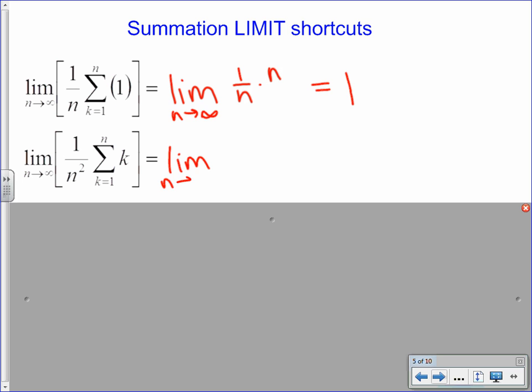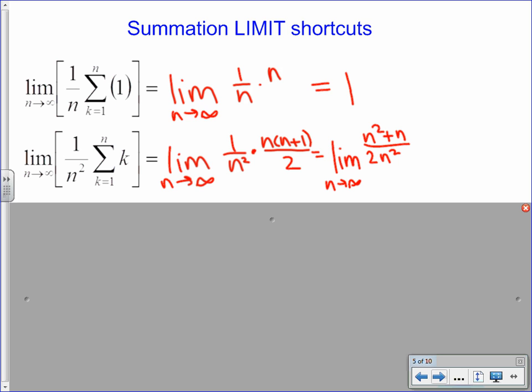The limit as n approaches infinity of 1 over n squared times the summation from 1 to n of k, which is n times n plus 1 over 2. Can we distribute and cancel out the n squares? Let's think about this. We have n squared plus n over 2n squared.